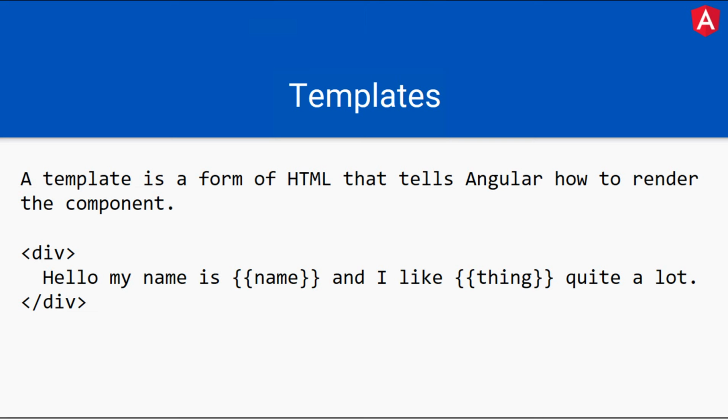This is the other more interesting part that we have discussed. A template is simply an HTML that tells how Angular renders a component. For example, this would be a template. It has these tags, and during runtime you will pass this value so that it will render with the values. There is also another module that compiles templates.